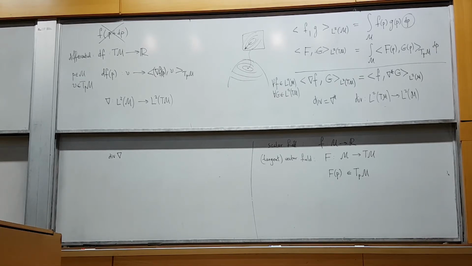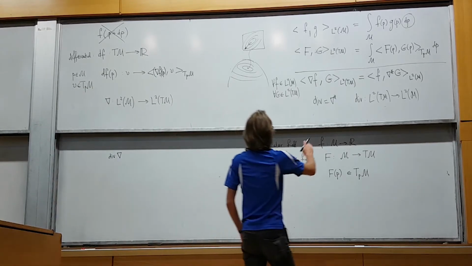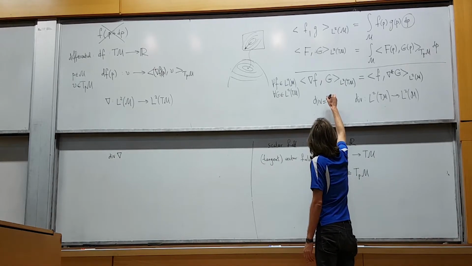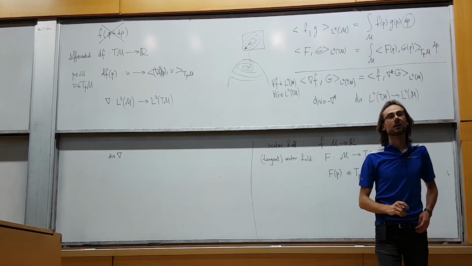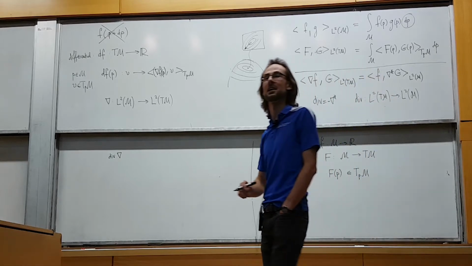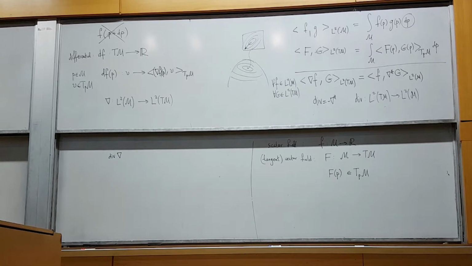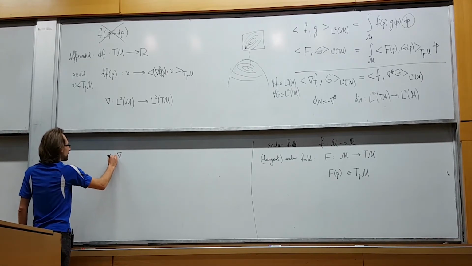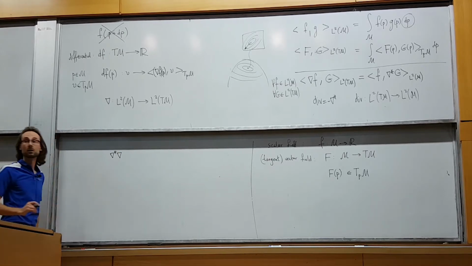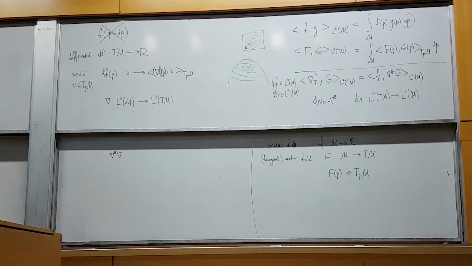One thing, I'm missing a minus sign. The divergence is the negative adjoint of the gradient. So I would like to take the adjoint of the gradient and compose it with the gradient. Remember, the gradient maps from scalar fields to vector fields.